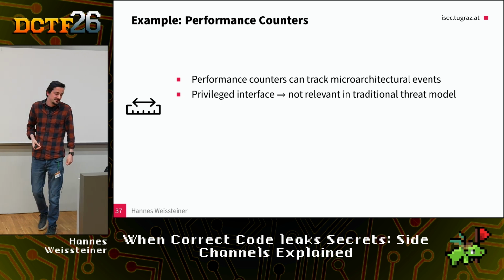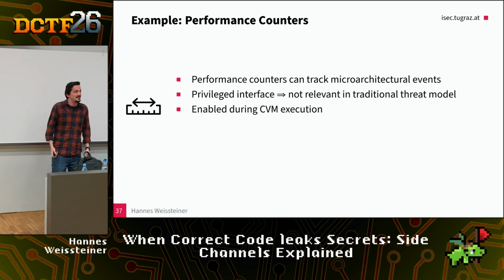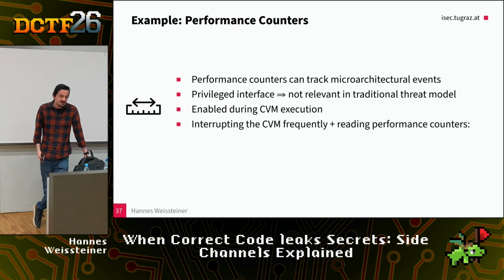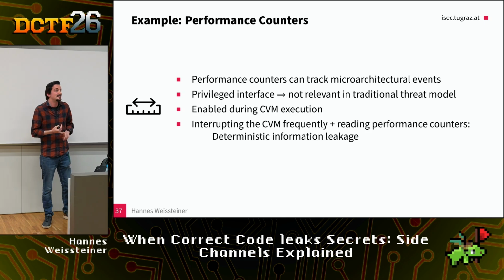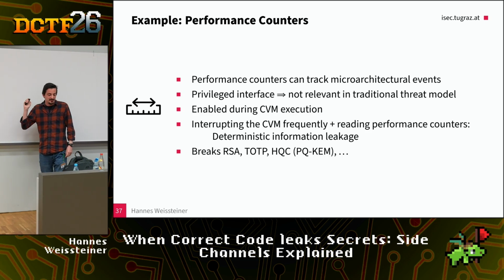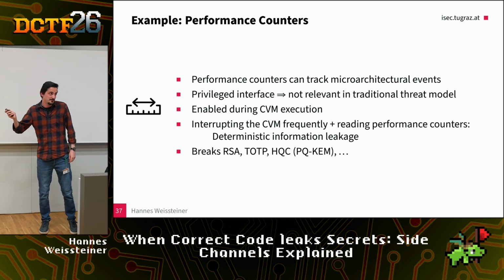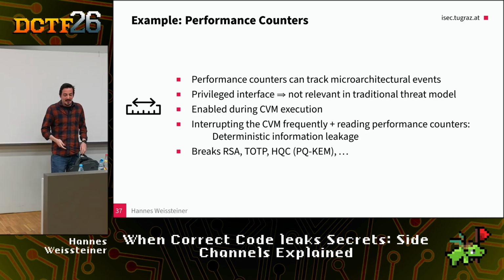You had kernel privileges anyways, but they were also enabled while running the confidential VM. So by interrupting the confidential VM very frequently, every instruction, and just tracking the performance counters, we get really deterministic information leakage out of that. And with this, we broke RSA, we broke TOTPs, we extracted secrets from TOTPs, we broke some post-quantum crypto.